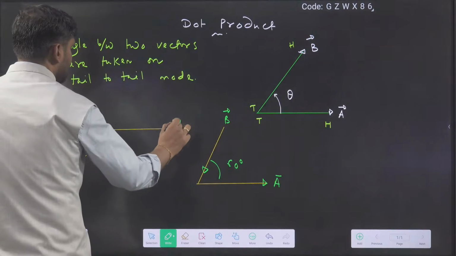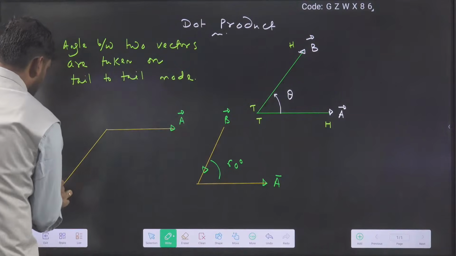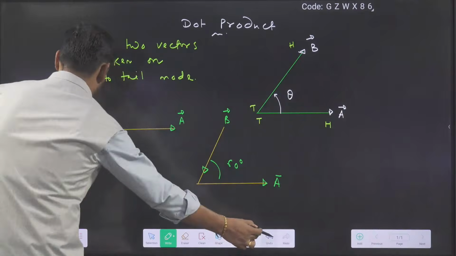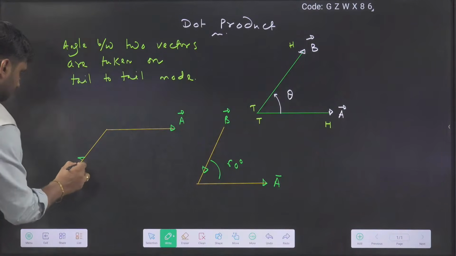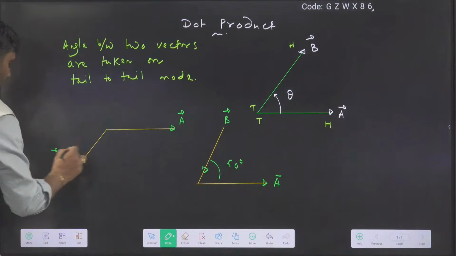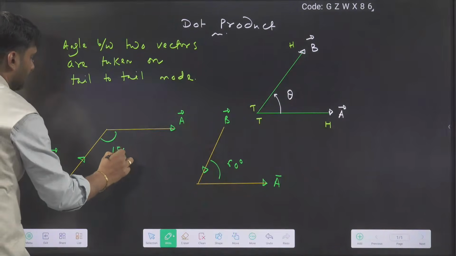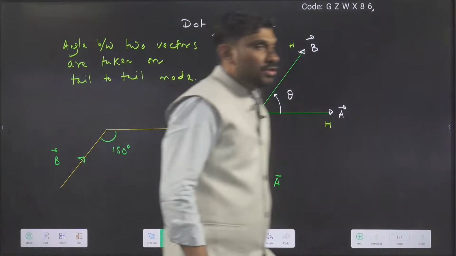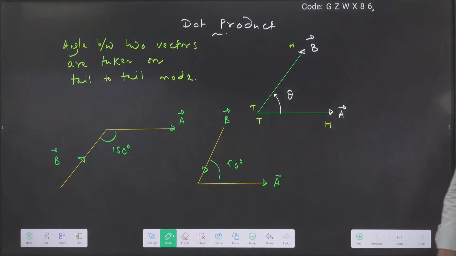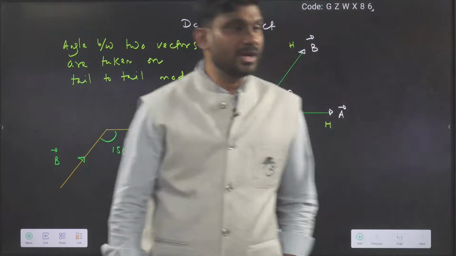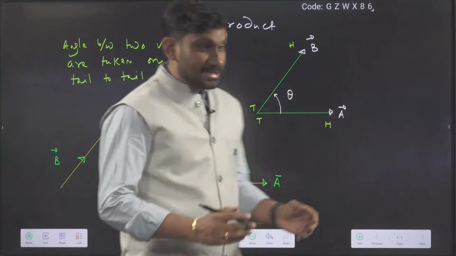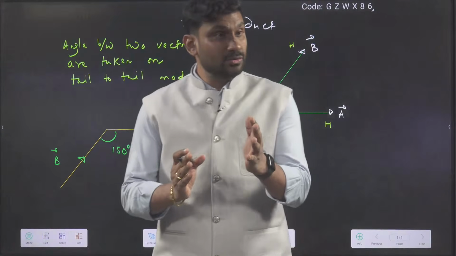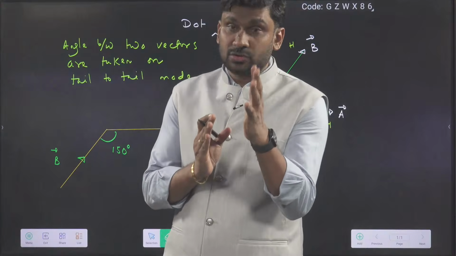Here, this is A vector, this is B vector. This angle is said to be 150 degree. So in both the cases, I am asking you what is the angle between the two vectors? How to calculate the angle between the two vectors? As I said, it has to be always tail to tail. You have to take the two tails.